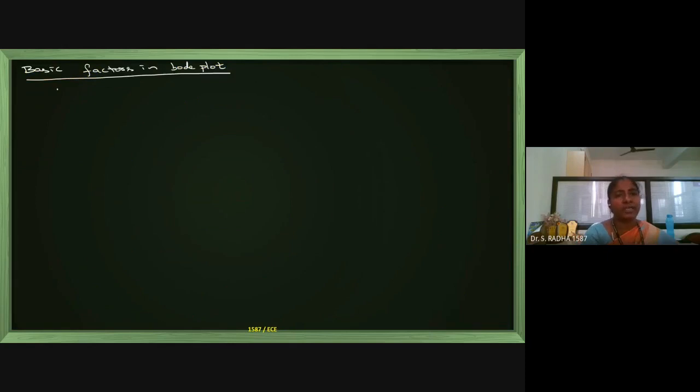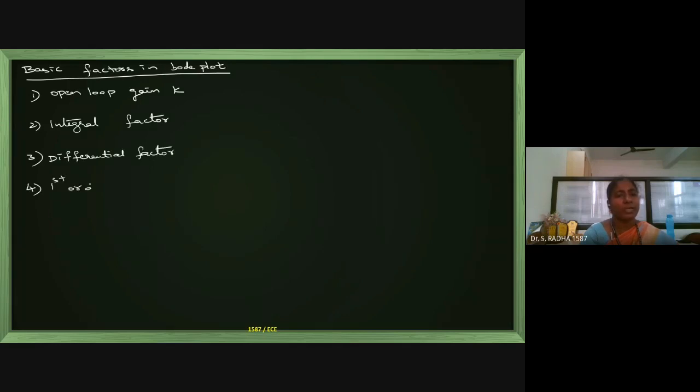Now, basic factors in Bode plot. First factor is open loop gain. Second factor is the integral factor. Third factor is the differential factor. Fourth one is the first order factor in denominator.